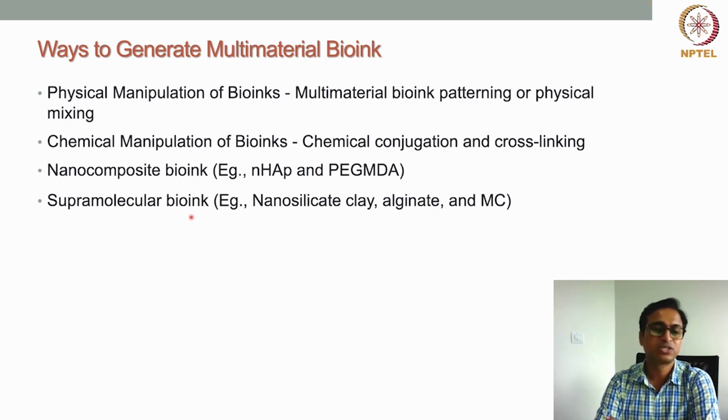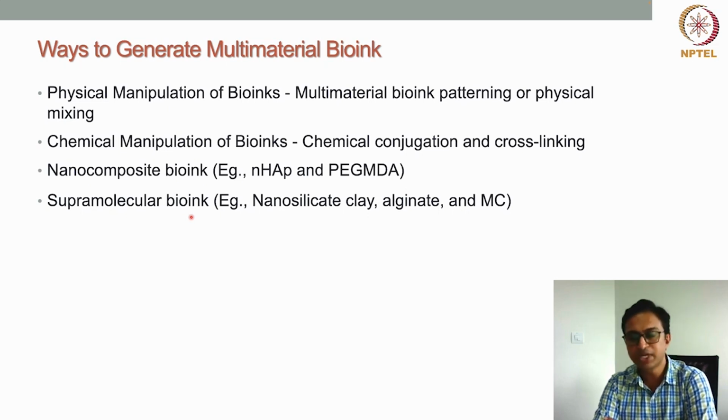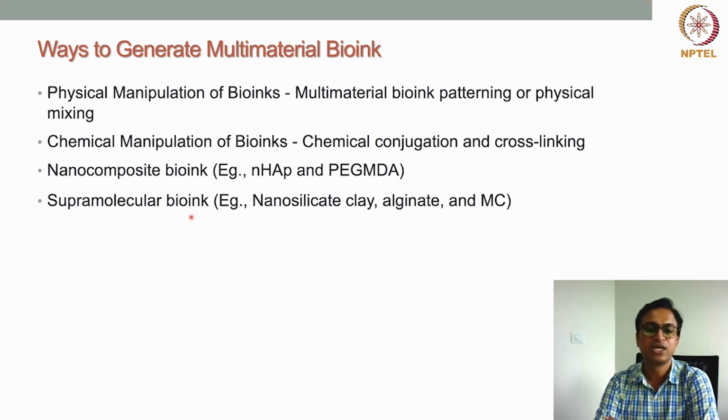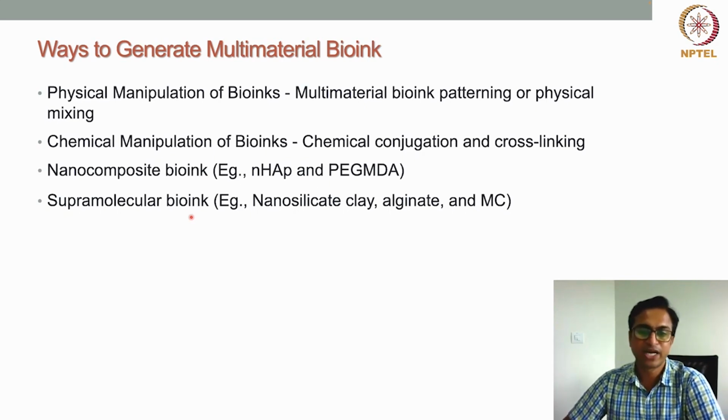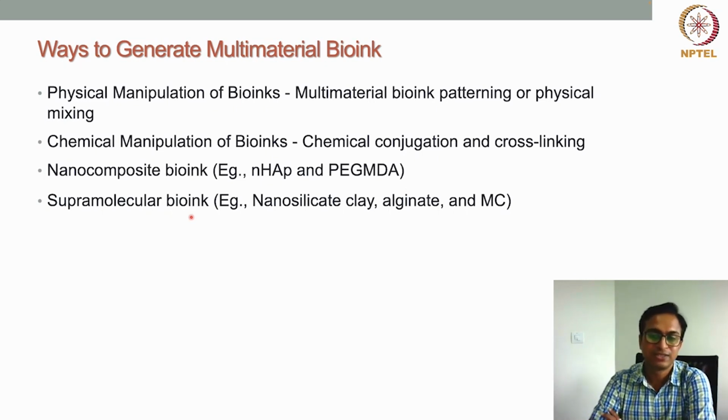So both the different components can be cross-linked separately and used. An example is nanosilicate clay, alginate, and MC. When these are mixed together to develop a bioink, they each have their own hydrogel network, but they can be mixed, and the supramolecular bioink can be developed, where some kind of interaction between the different components is possible, and they can be used as a bioink for making different architectures.